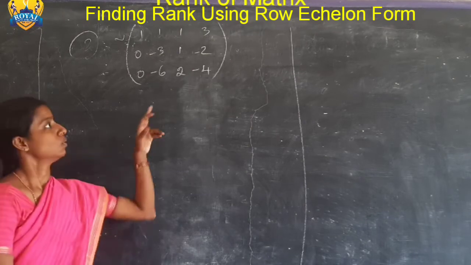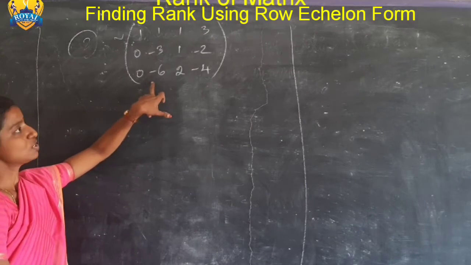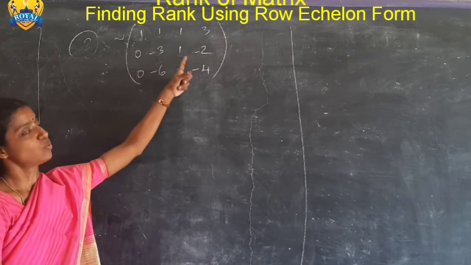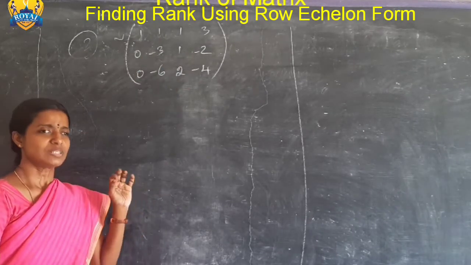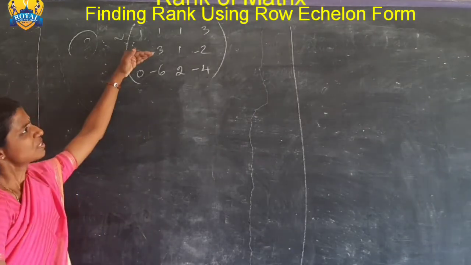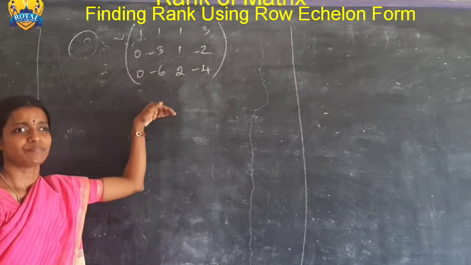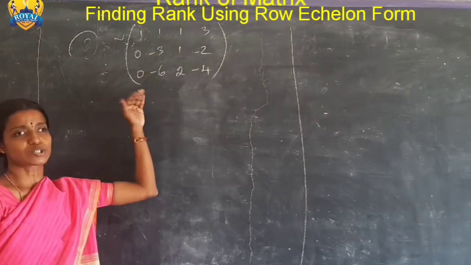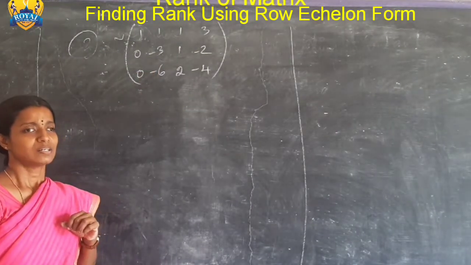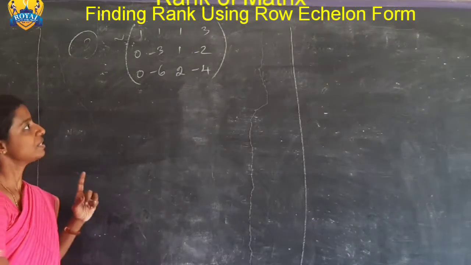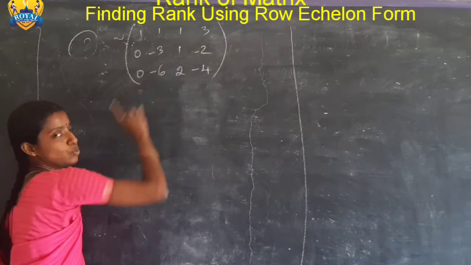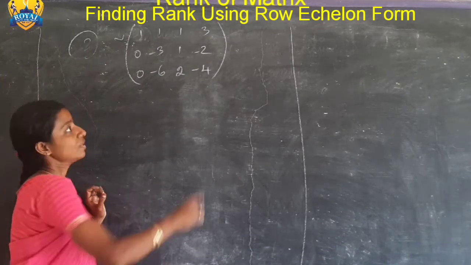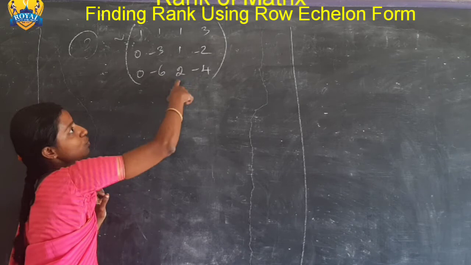Now I have my row 3: 0 minus 6 2 minus 4. I have row 2: 0 minus 3 1 minus 2. Can you see some connection between row 2 and row 3? Yes, definitely, because row 3 is a multiple of 2 of row 2. 3 2s are 6, 1 2s are 2, 2 2s are 4.